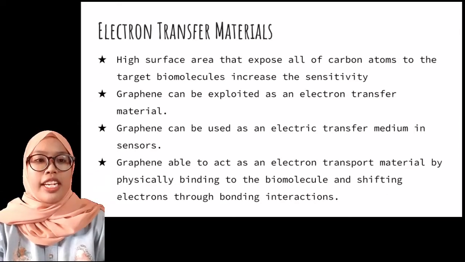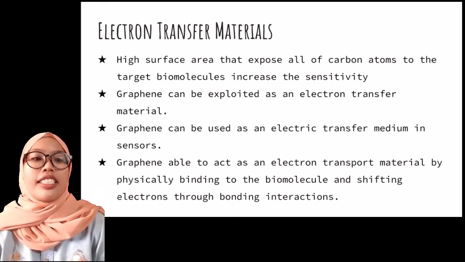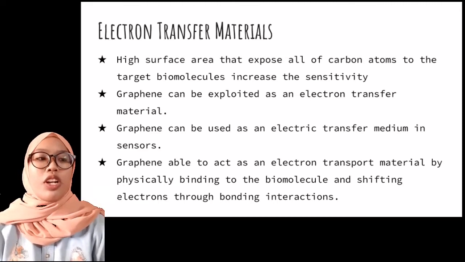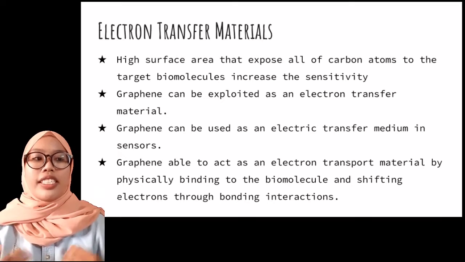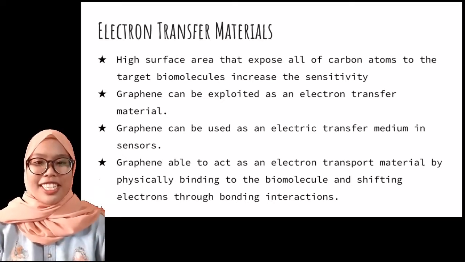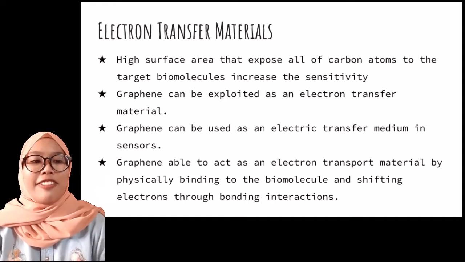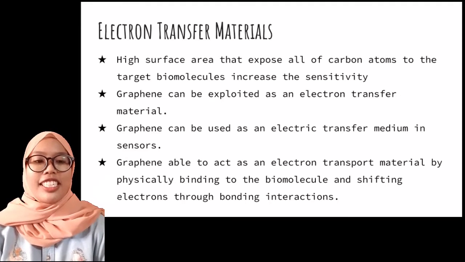For the first one, electron transfer materials, it has a high surface area that exposes all of the carbon atoms to the target biomolecules, increasing the sensitivity of the biosensor. Next, graphene can be exploited as an electron transfer material.